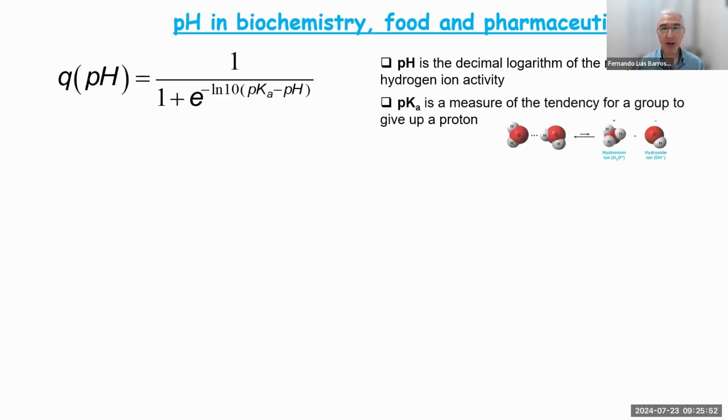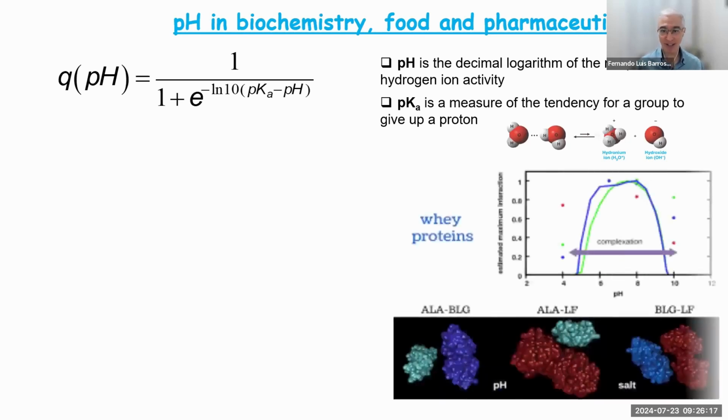We often know that pH is related to the concentration of hydrogen. But what we often forget is that pH is controlling the charge of your system. So the charge of your system is a function of pH. And if you change the charge, you change the electrostatic interactions. And if you change the electrostatic interactions, you can change the binding affinity a lot.